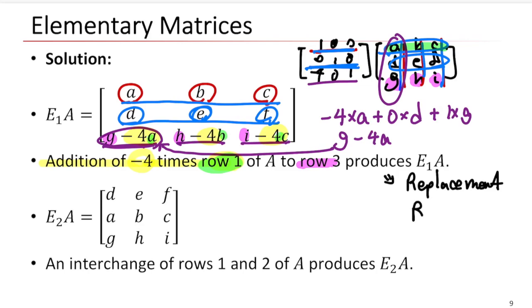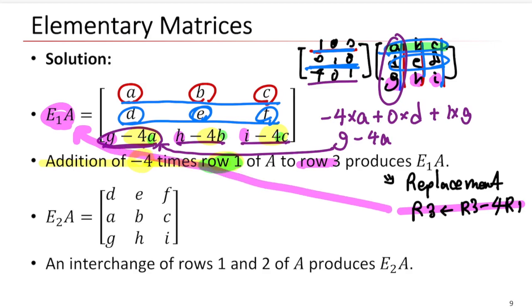So it was something like R3 minus 4 R1. But rather than using this term, we can represent this as a matrix multiplication E1 times A. This is much more convenient, right? So this is an example of the elementary operation, the replacement operation.